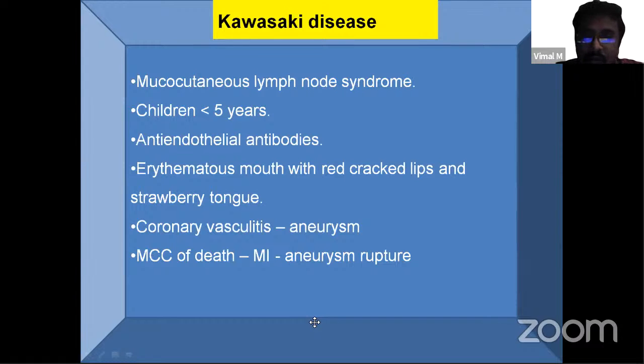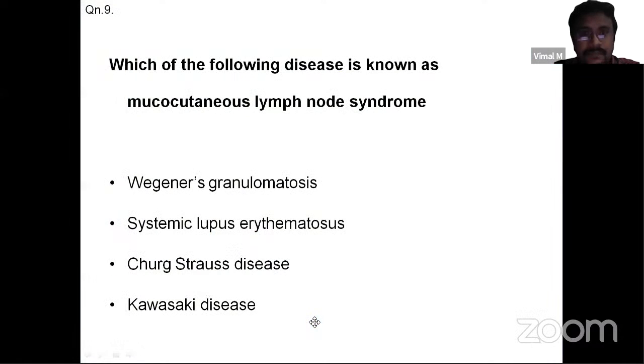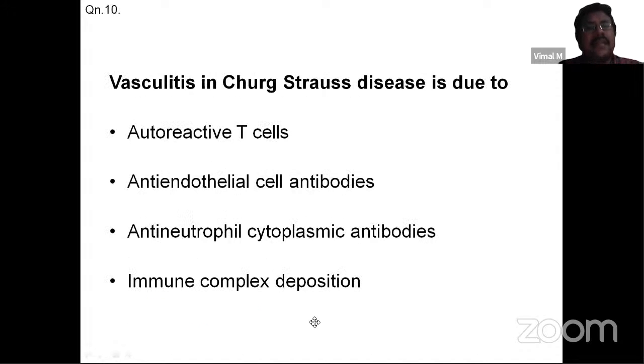Okay, so in a child with cardiovascular disease, especially myocardial infarction and aneurysm, think of Kawasaki. And aneurysm rupture is the most common cause of death in Kawasaki disease. So coming back to the question, which of the following diseases is known as mucocutaneous lymph node syndrome? It is Kawasaki disease.